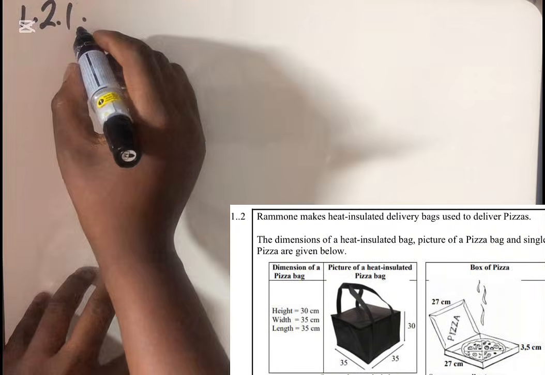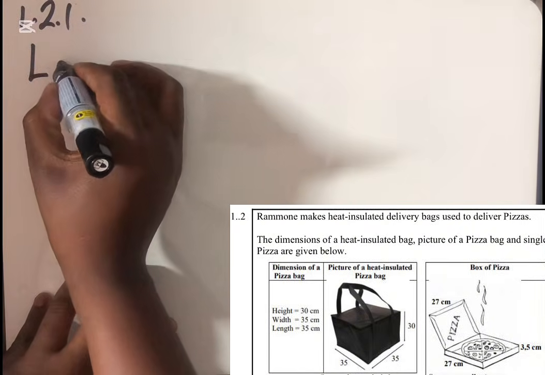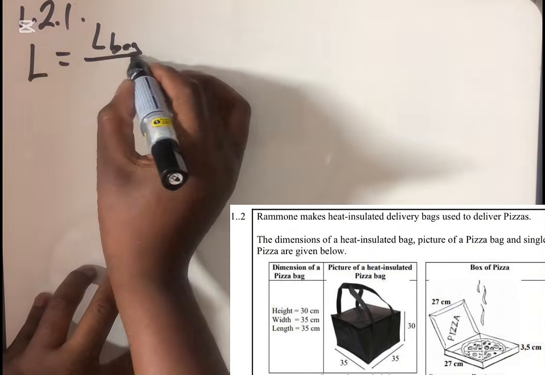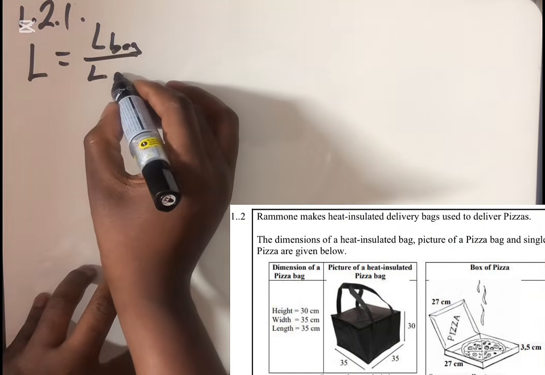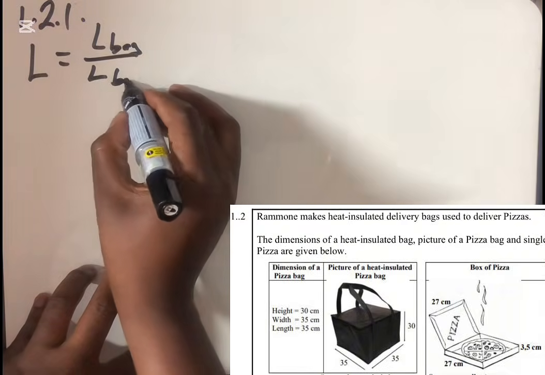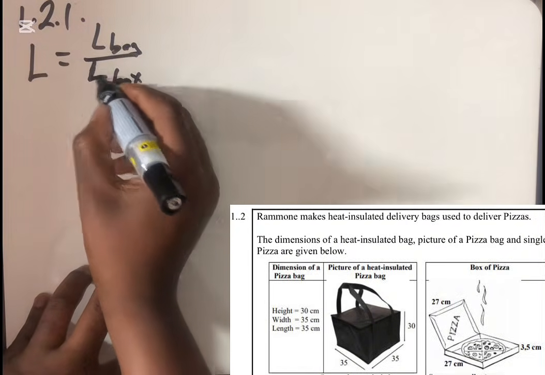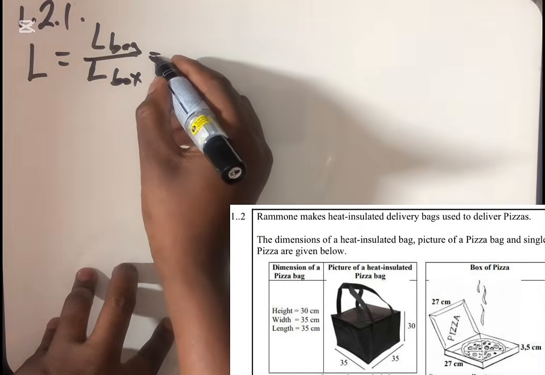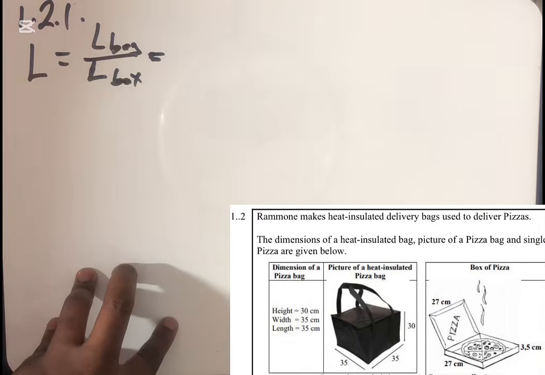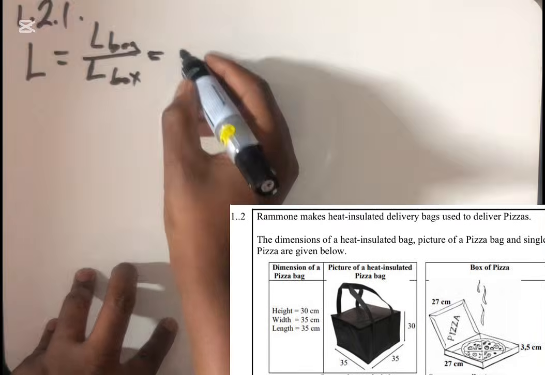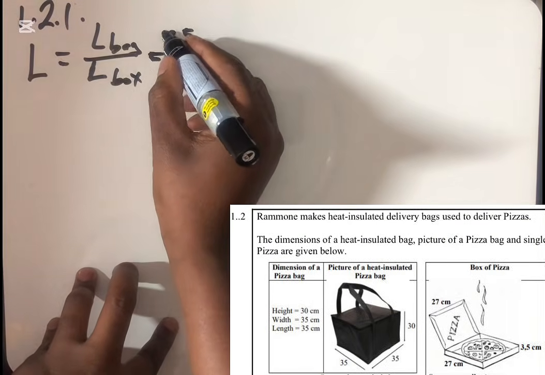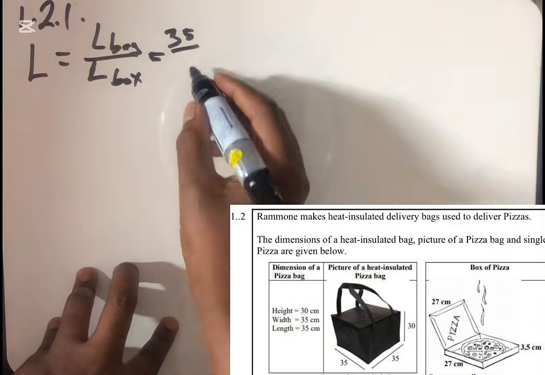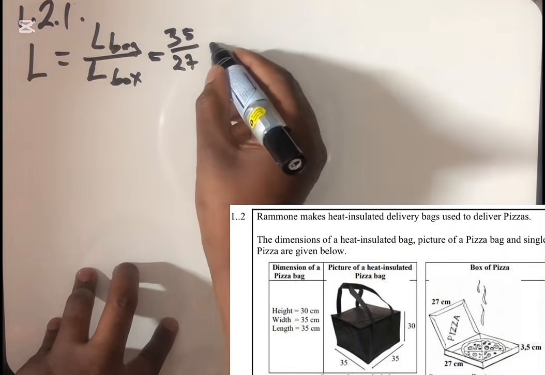In respect of length, we're going to have the length of a bag divided by the length of a box, because we package the boxes inside the bags. The length of a bag here is 35. The length of a pizza box is 27. The answer here is 1.